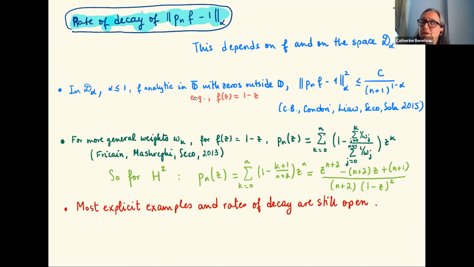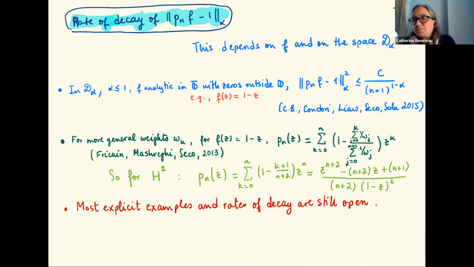We were able to prove something only for very good functions F. There are some isolated examples, but what we were able to prove was for these D alpha spaces when alpha is bigger than 1. Tom mentioned this the other day: when alpha is bigger than 1, these D alpha spaces become algebras. The Dirichlet space, as Tom mentioned, is not an algebra, but it's on the verge of being an algebra.